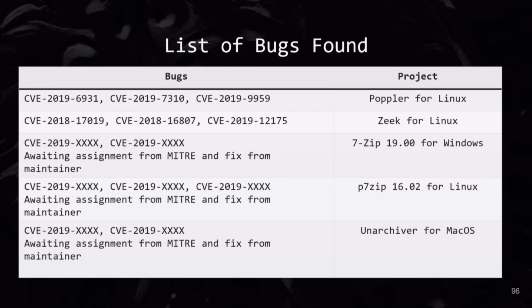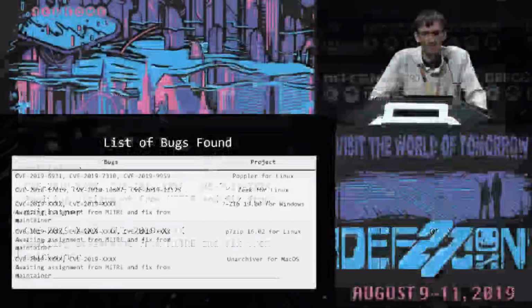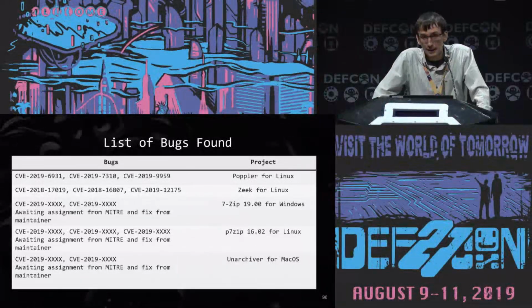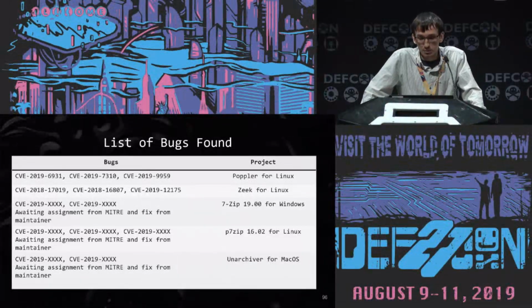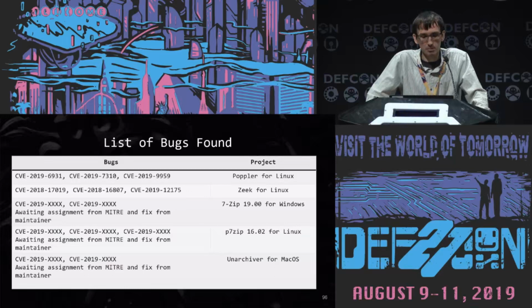But unfortunately, these bugs are still waiting to be patched by the maintainer. For example, for P7-zip, the last time he was online was in 2017. I hope he's fine. So again, these bugs are waiting to be patched. I am not going to disclose them today, but I will definitely publish a post about this in the future when the maintainers fix it.